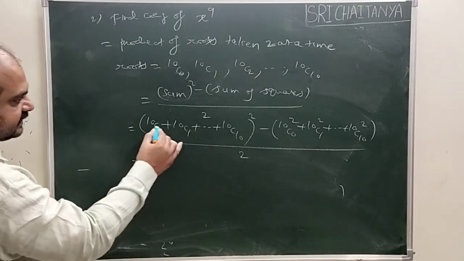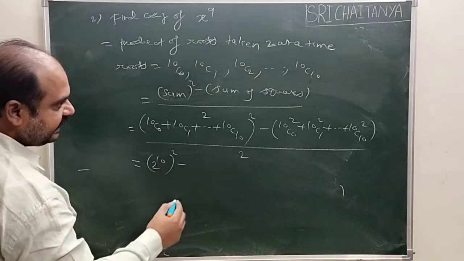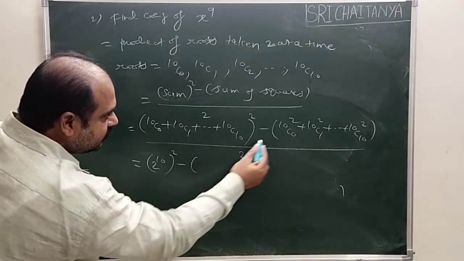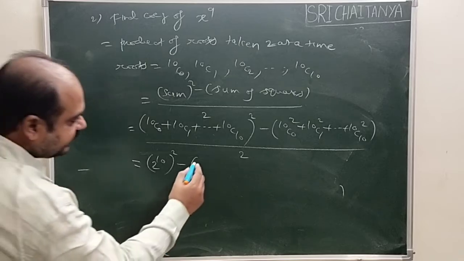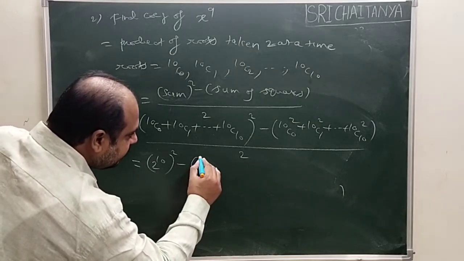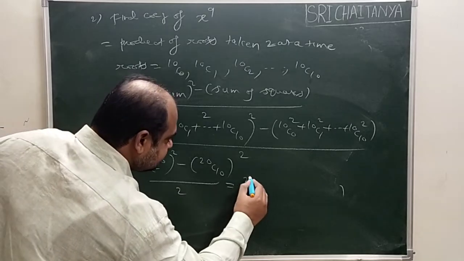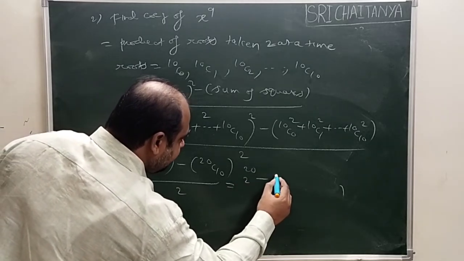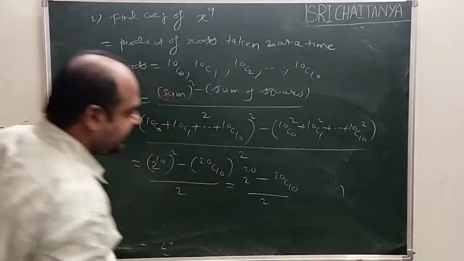That means this is 2 power 10 whole square minus 2nCn, divided by 2. That means this is nothing but 2 power 20 minus 20c10, divided by 2.